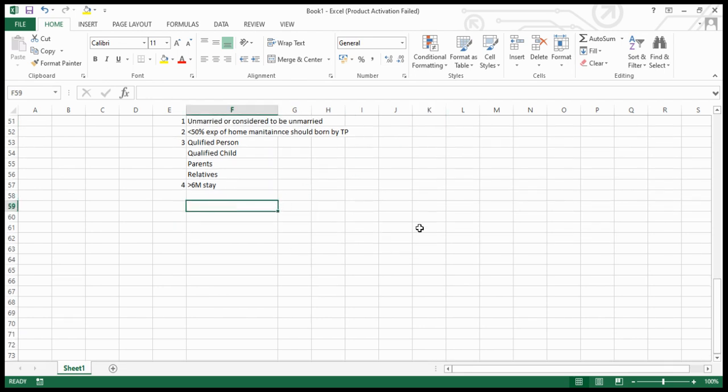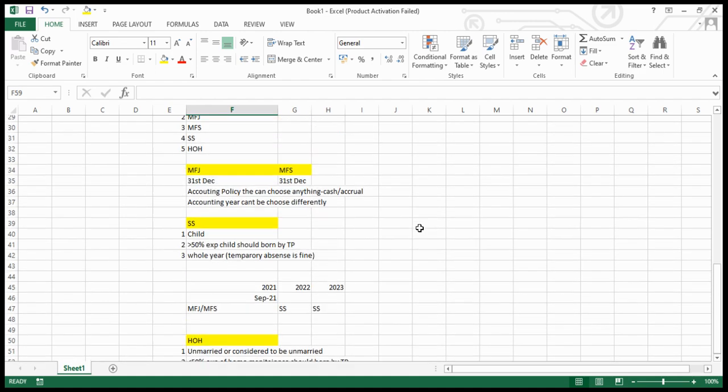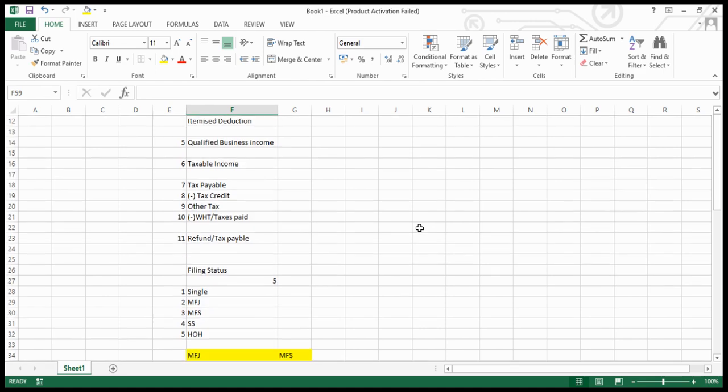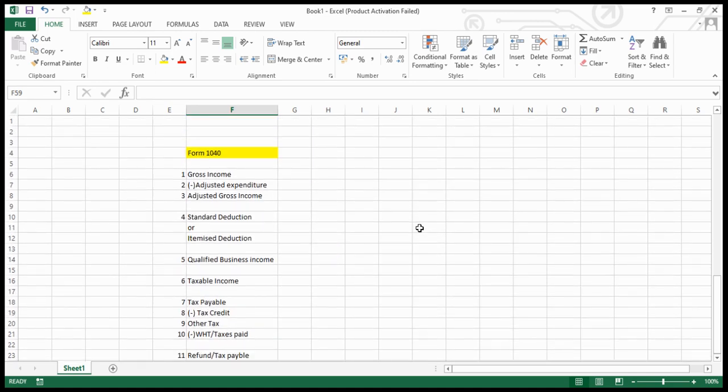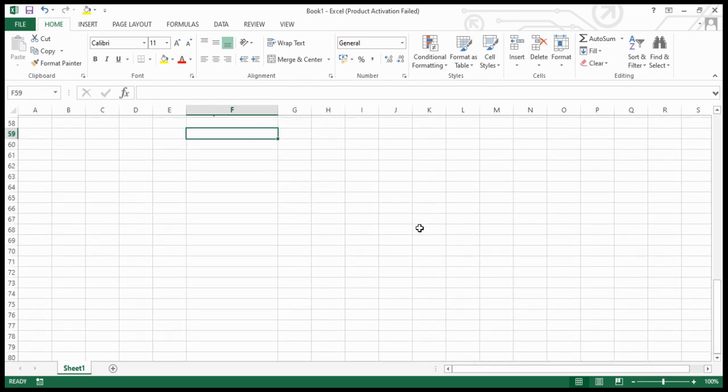Here you can make a note of it. For your revision, you can go through this table, that will help you. So I hope I covered filing status completely in this lecture, as well as the Form 1040 format. Any doubts, please let me know.